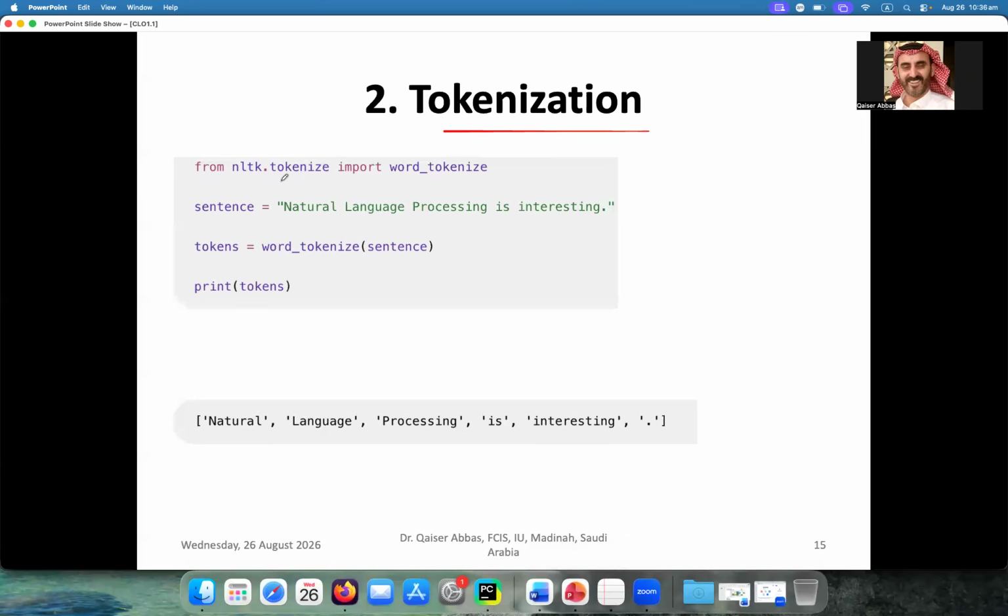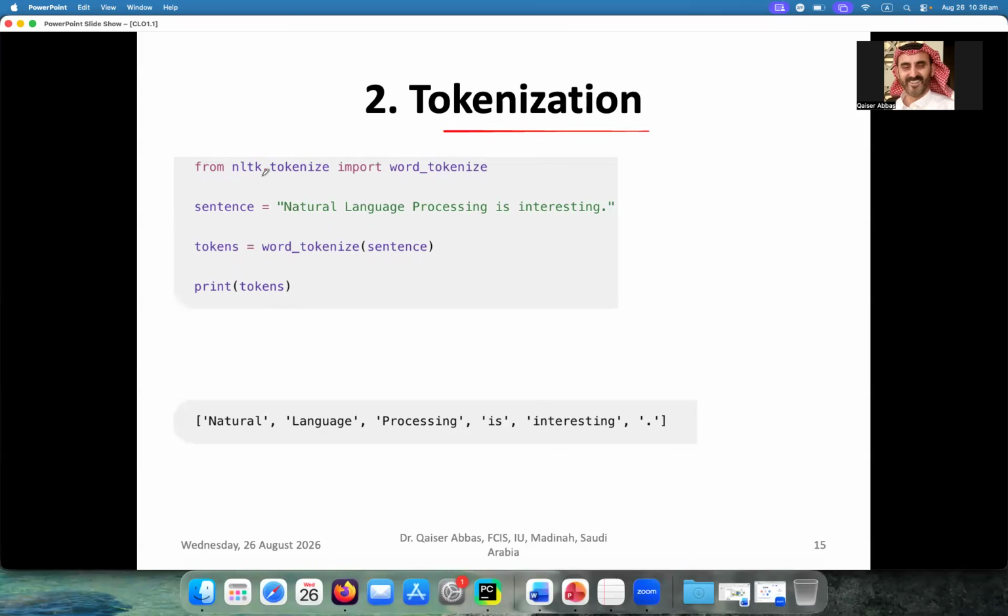Now here, tokenization. For this, you have to import the NLTK toolkit. It has many things in it. If you are using PyCharm, then you have to install NLTK by using the pip command. I always forget that command.